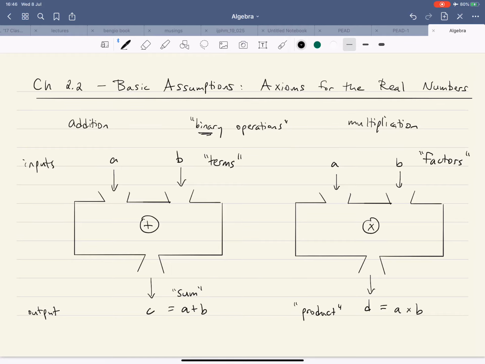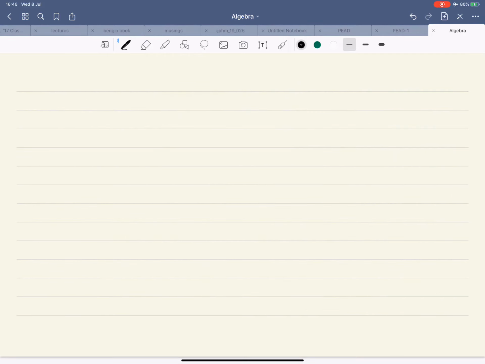Now, the rules that we use when adding or multiplying real numbers are going to be based on a few basic statements. So I'm going to write this down so that you have it in your notes. Rules.